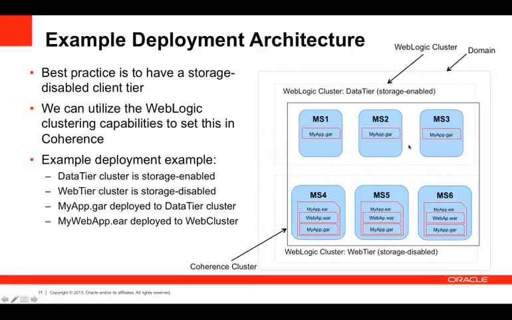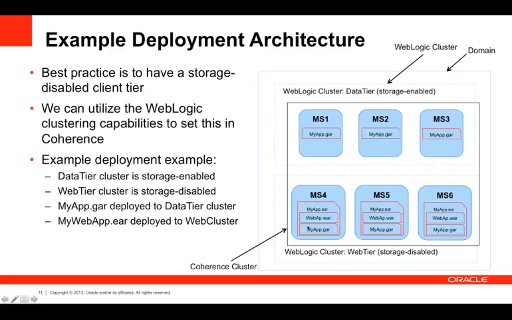Typically, we recommend that you create separate WebLogic clusters in your domain, one for the data tier with storage enabled, meaning that the managed servers for this cluster are going to be used as the coherence cache servers. And as you can see, you deploy GAR files to those servers.